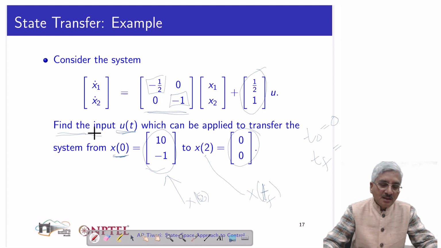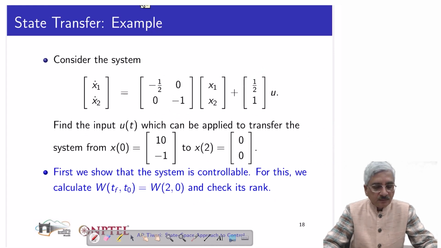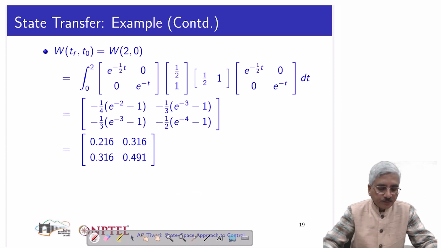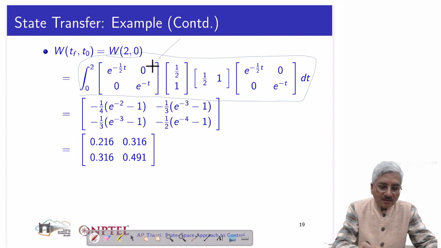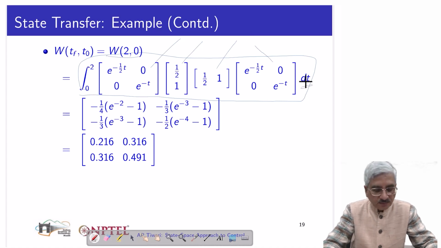Nevertheless, we will evaluate W and check whether it is non-singular or not. So we will calculate this W(tf, t0), which in this case is W(2, 0), and we will check its rank. It will be given by this integral, phi(t, tau) B, B transpose, and phi transpose, to be integrated between the limits 0 and 2 over time dt.